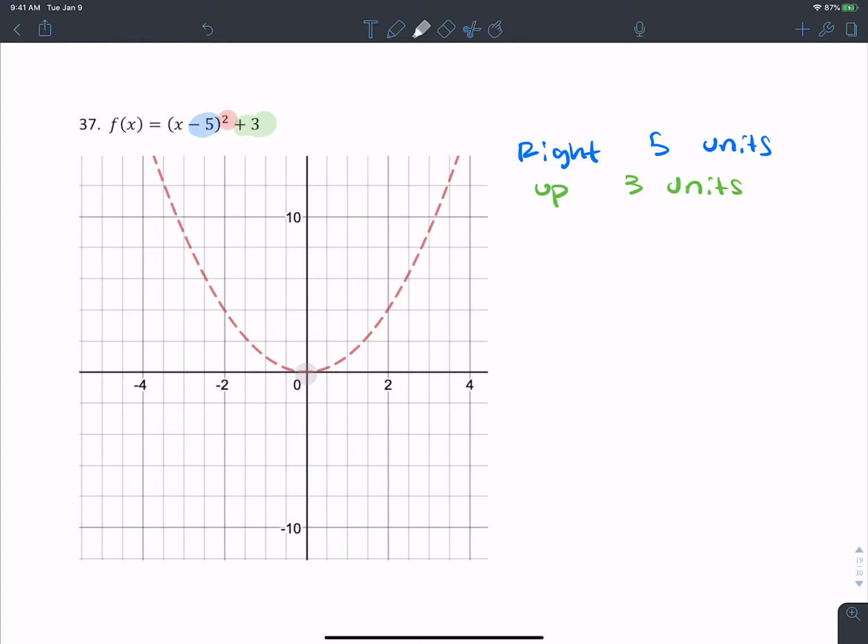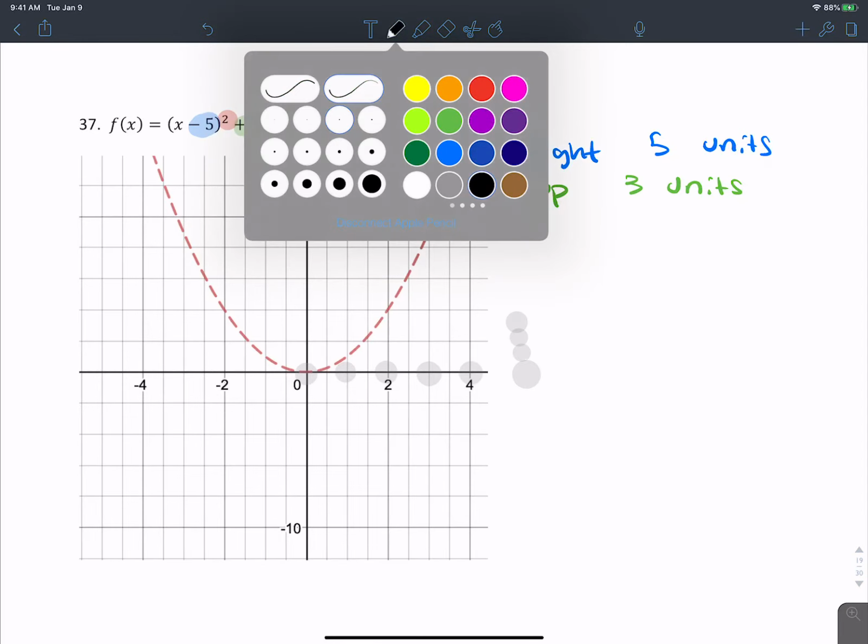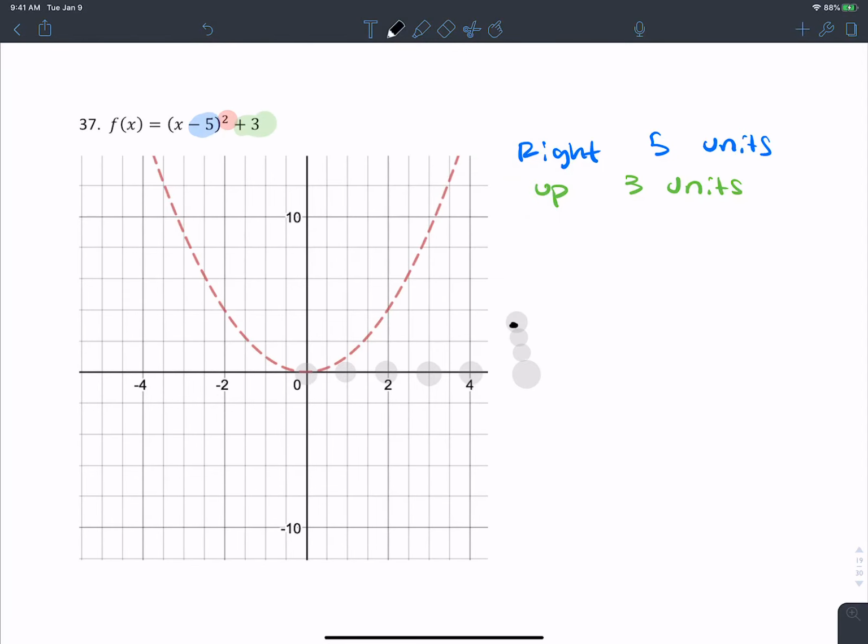That's my reference. I'm going to shift to the right 5 units. And so that means this is 1, 2, 3, 4, and 5. Then up 3 units. So remember, this is by 2s. So this will be 1, 2, 3 in the middle there. That's the location of my new origin, if you want to think of it that way.